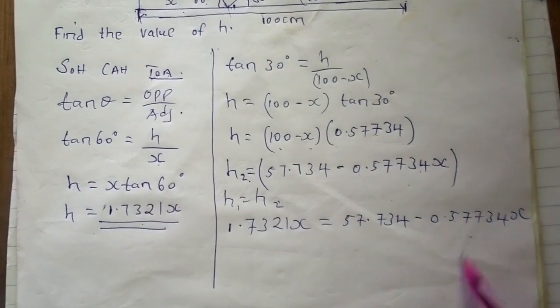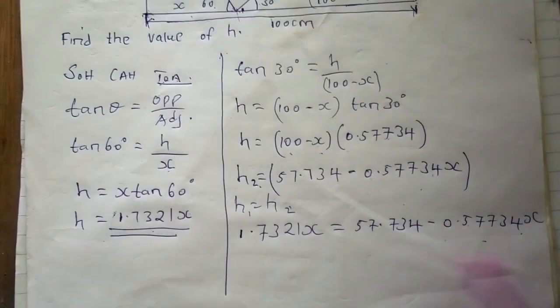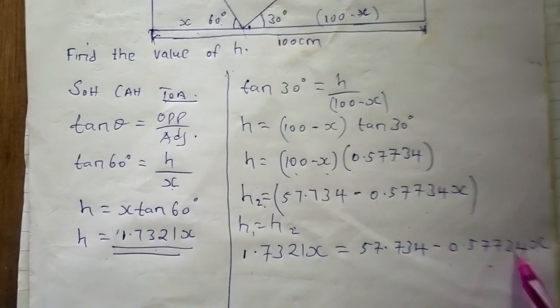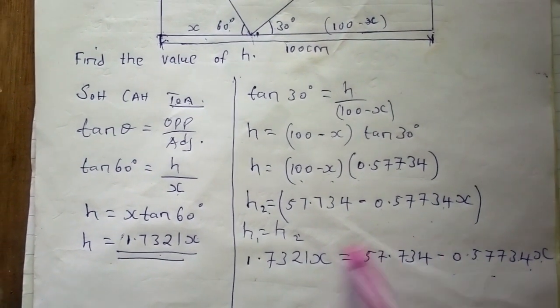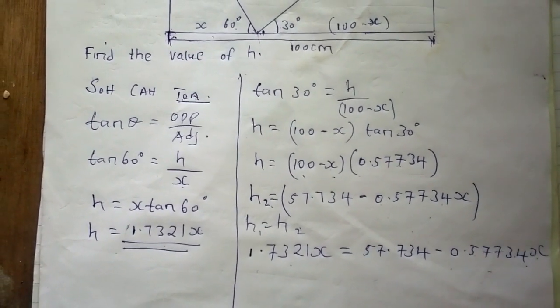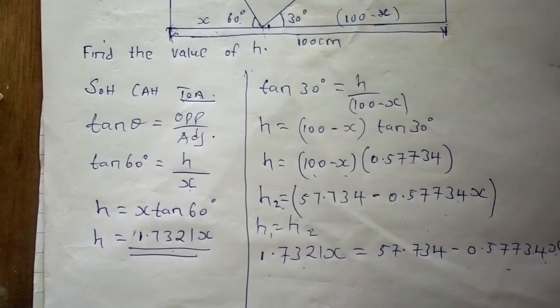Now like terms together, so we add 0.57734x on this side, and also on this side.